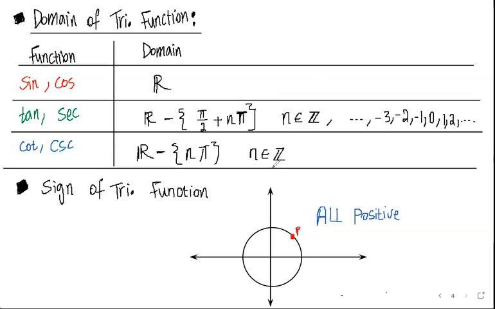And if I keep walking around this circle, I can change to a different color. So here I can set all, I mean for all the functions positive: sine, cosine, tan, and the reciprocals.